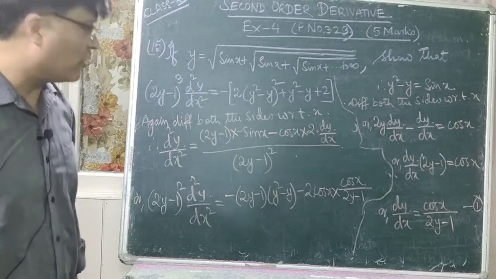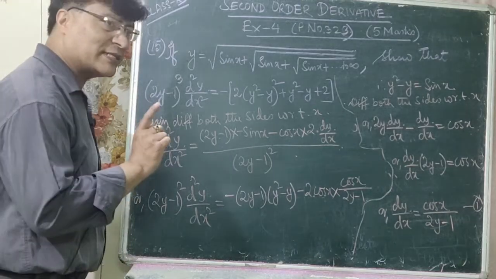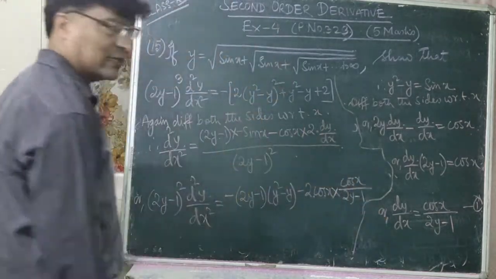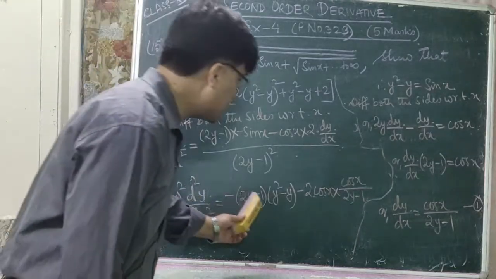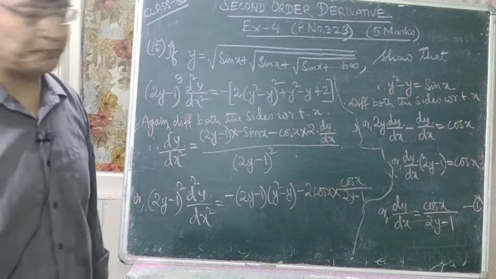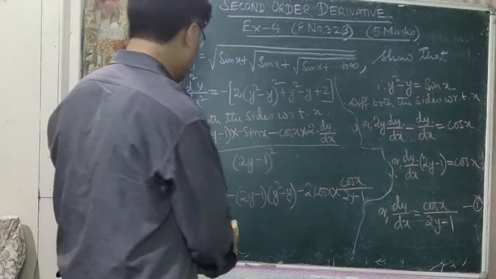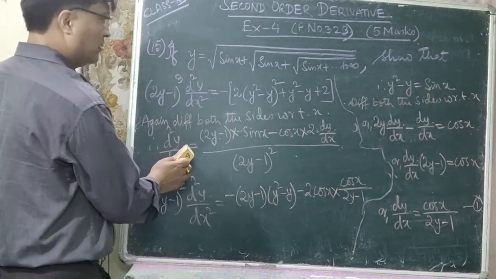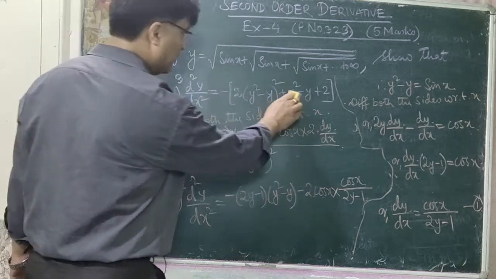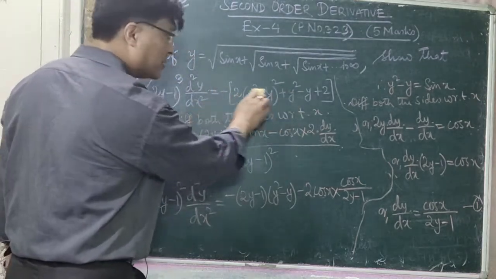So in the next step, what will you do? Now let us take the LCM on the right hand side. So you should also write this down. You have to prove this result.